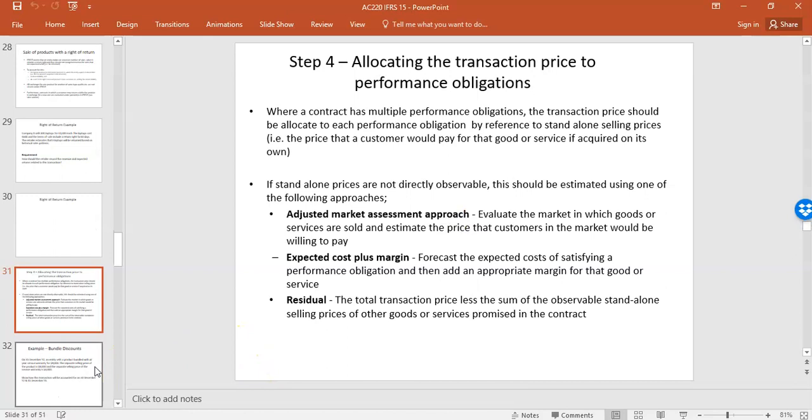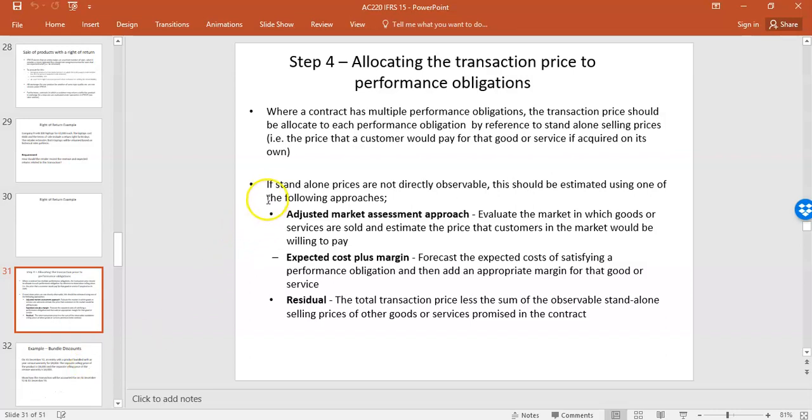All right. So once you've dealt with step 3, what is your consideration? You then have to allocate that transaction price to performance obligations. So if you have 2 or 3 distinct promises, like we talked about with the handset and the mobile phone contract, or with the laptop and the associated maintenance contract, you then have to have some approach to allocate it out.